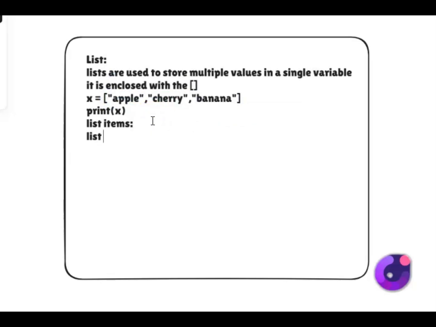Basically, list items are ordered, and they are mutable, and they also allow duplicates.